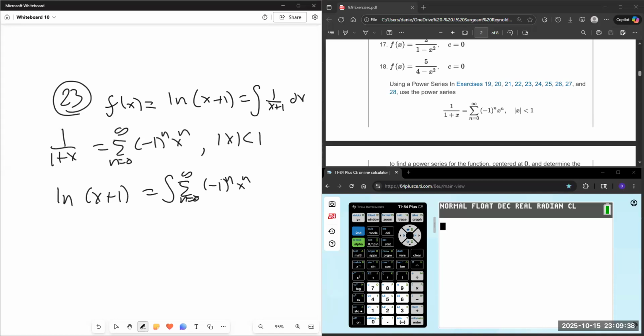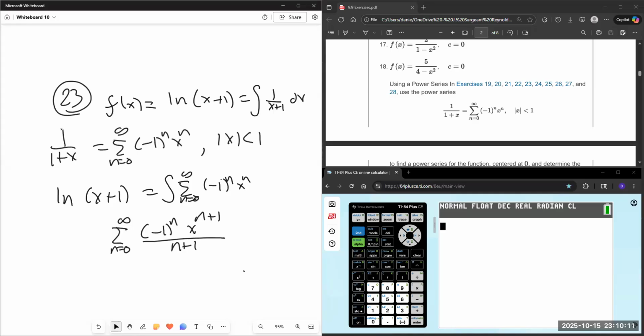So this is (-1) to the n, x to the n plus 1 over n plus 1, summation n equals 0 to infinity here. That makes sense. It would start at x to the first instead of x to the 0 power because I integrated.